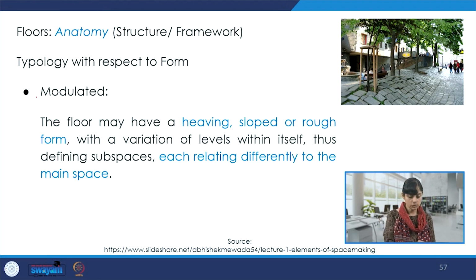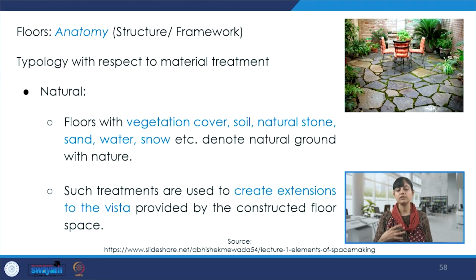It could also be modulated, and here we could have slopes or an undulated form. It could be something very mysterious and interesting, not just a flat surface. So it's possible to play with the form and anatomy of the floor.